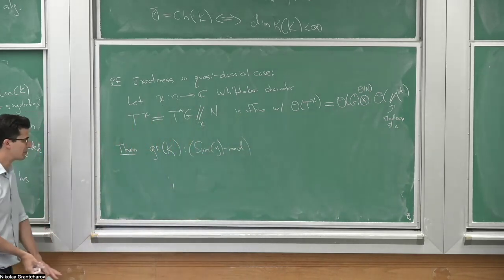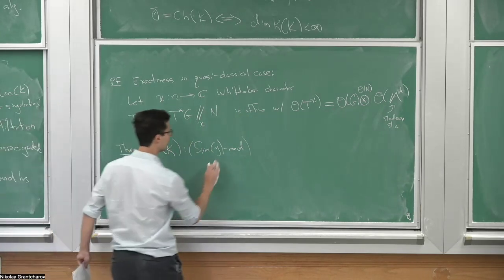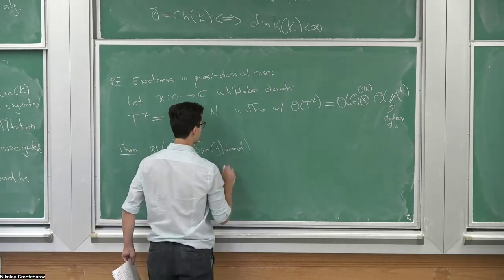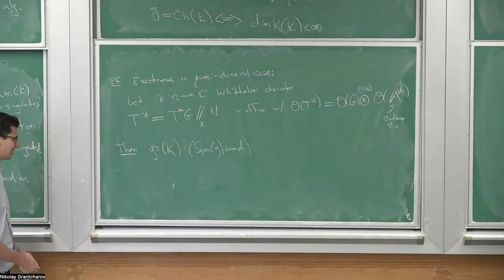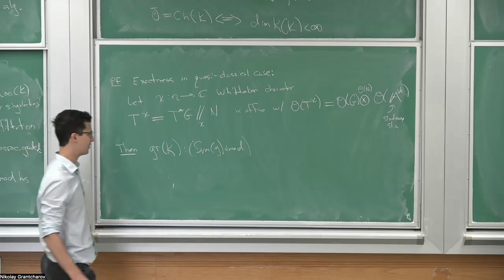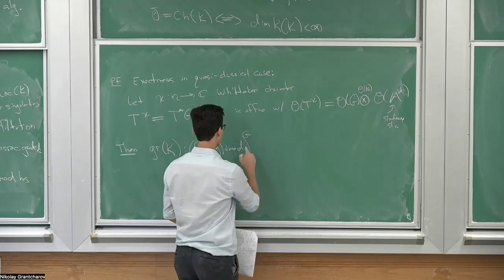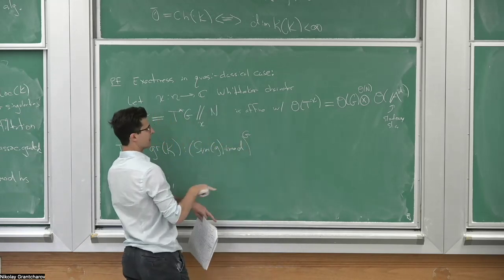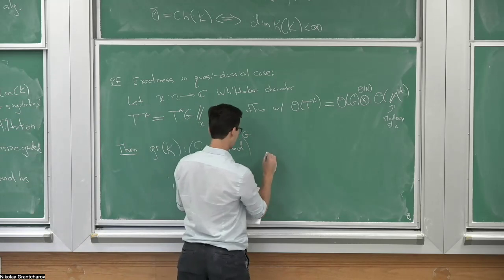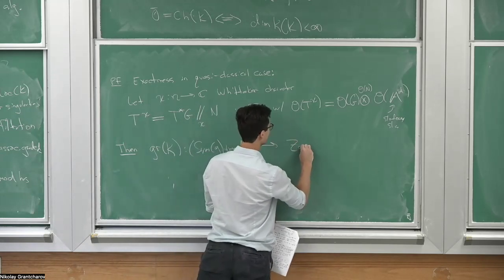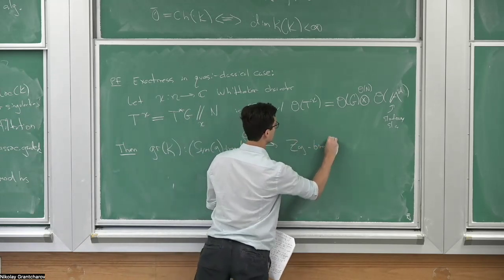instead of UG bimodules, Sym G bimodules. And then have this additional equivariance constraint. I'll say G-equivariant, G acting diagonally, and then this lands in C[G] bimodules.